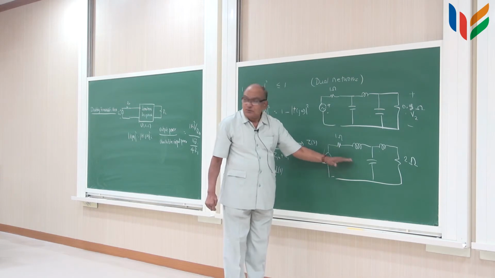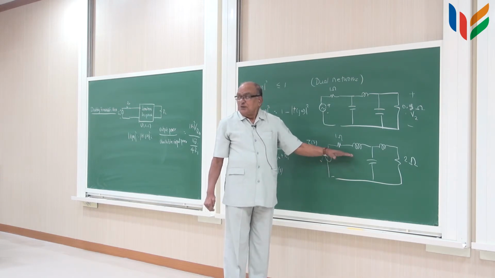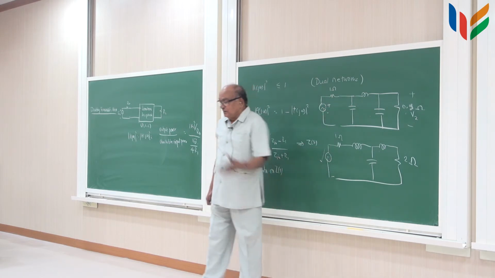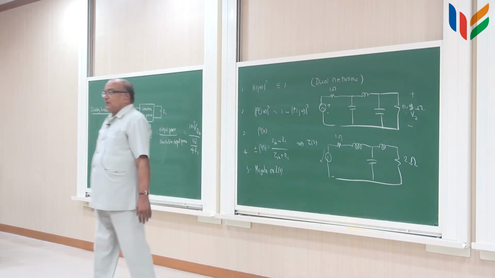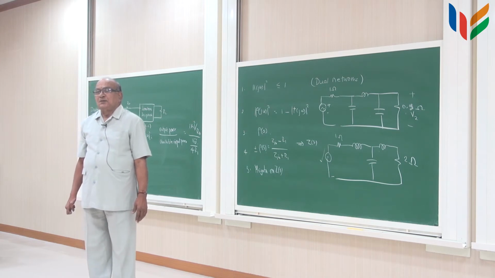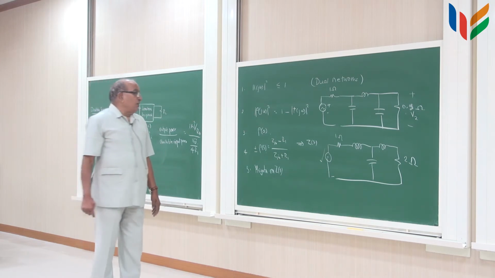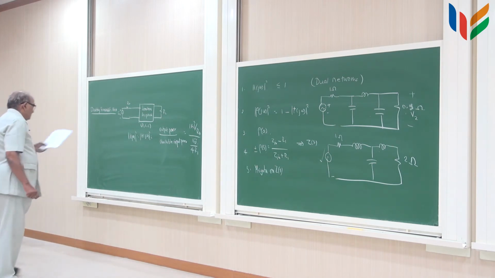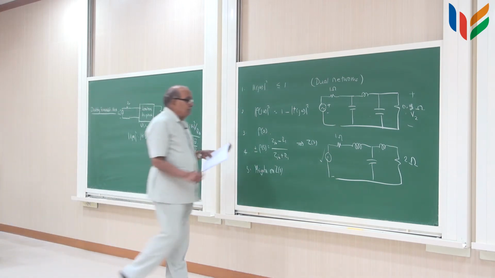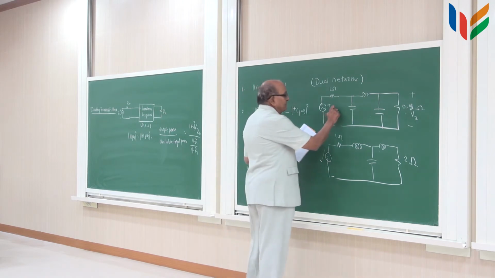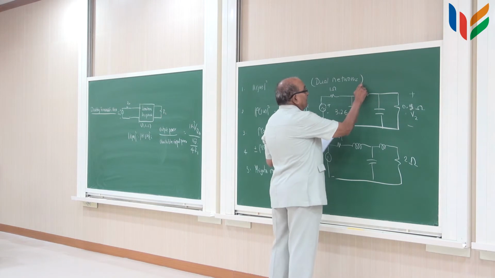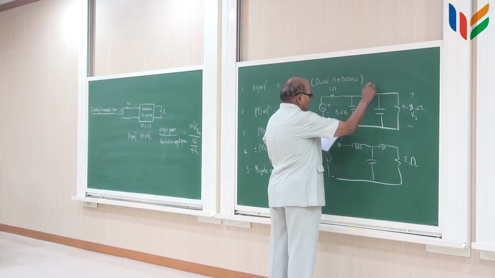I could have obtained this without any calculation, because there is a duality between the two networks. I won't go into those details. The values of this comes out to be 3.26, 0.779 and 1.18.